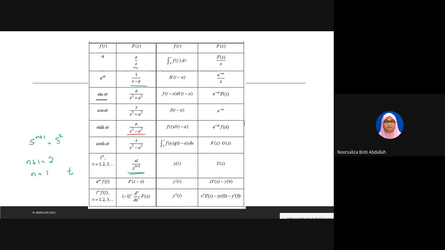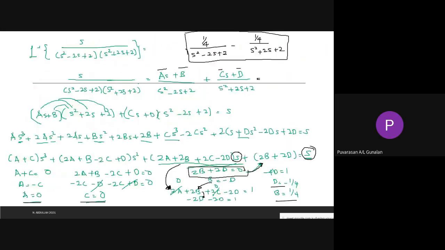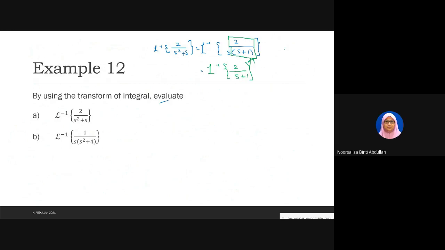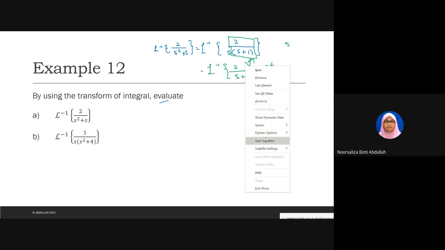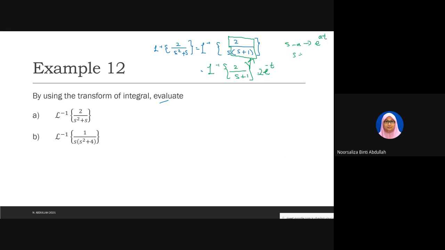1 over S minus A. Okay, so here, the inverse of 2 over S plus 1 is actually equal to 2 exponent minus T. If S minus A, if you refer to the table, S minus A gives you the signal exponent AT. If S plus A, it will become exponent minus AT.